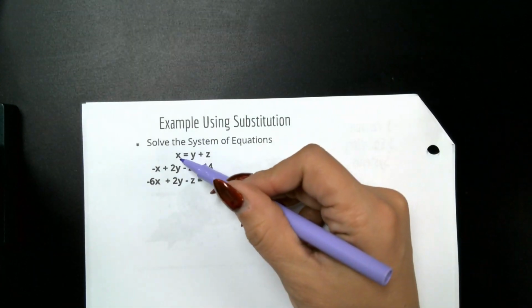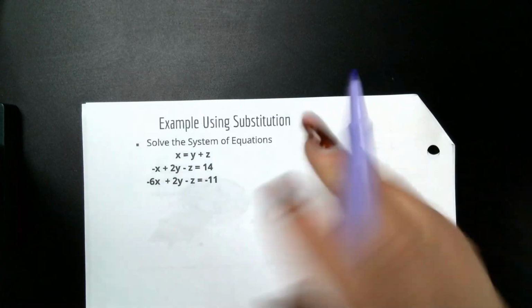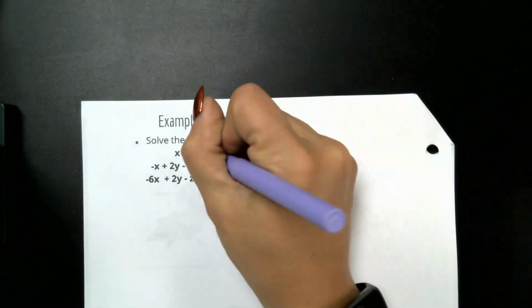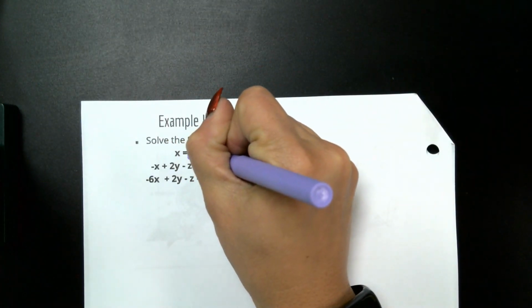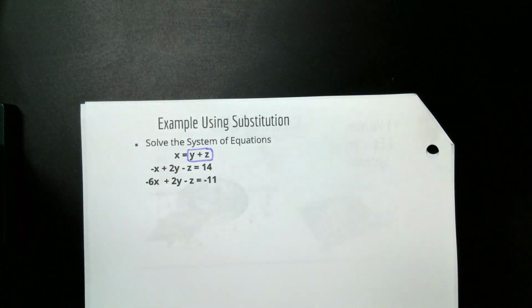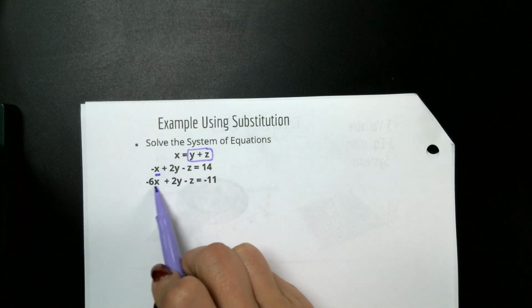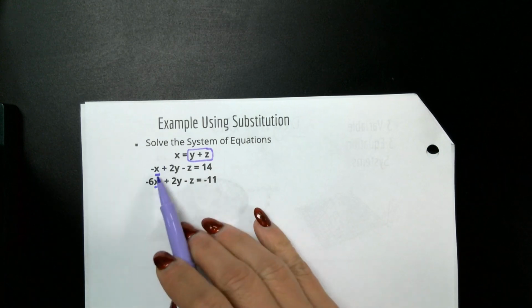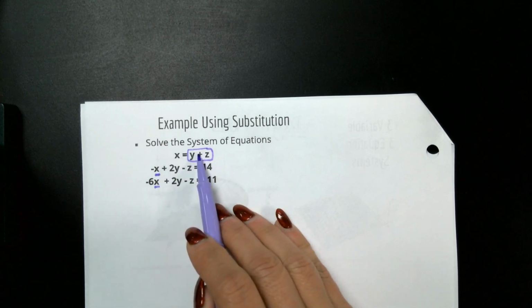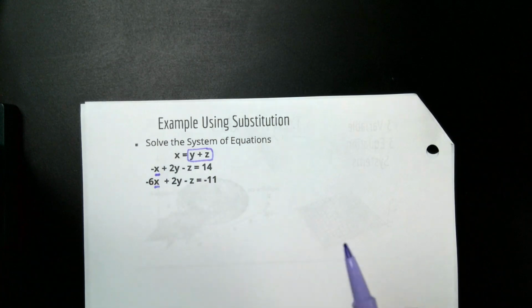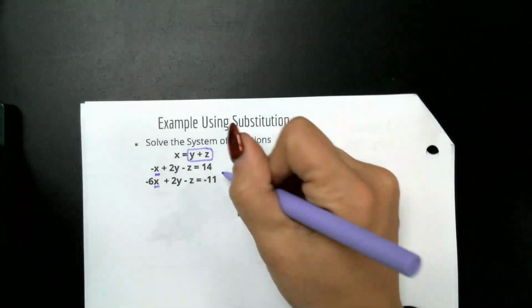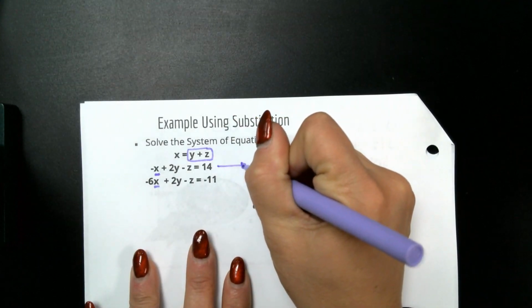So look at this top equation. See how the x is completely by itself? Put a box around this. Put a box around the y plus z. What that means is wherever I see the letter x in each equation, I could take the x out and put this in its place, right? Okay, so over here to the side, I want you guys to do that.